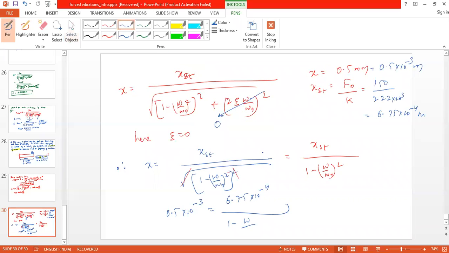It is 210 radians per second. So omega by 210 radians per second. We need the value for omega. So can you tell me the answer?